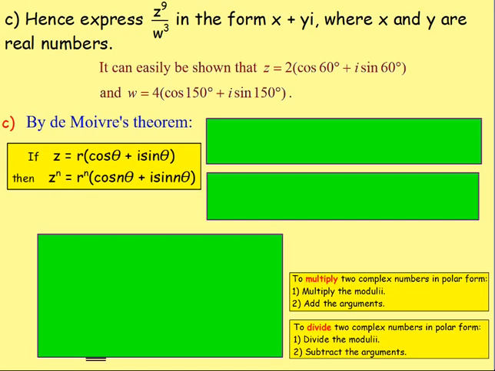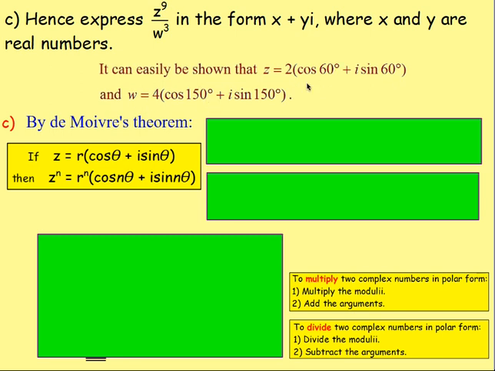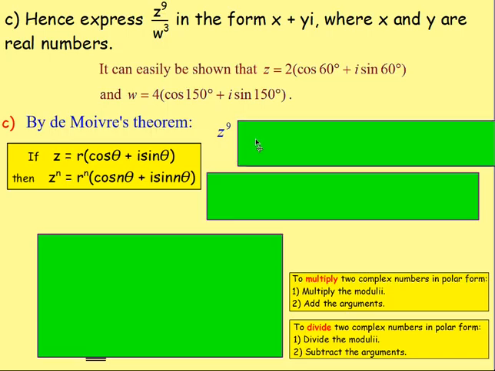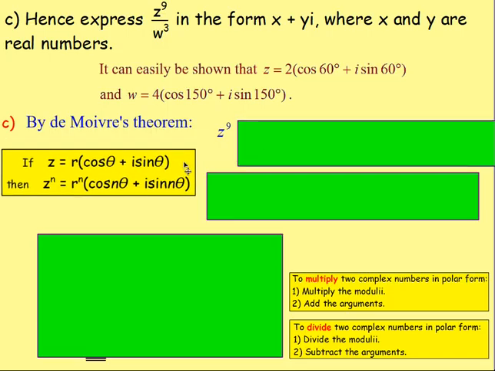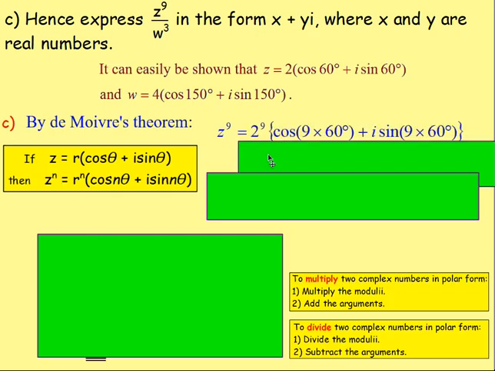Part C, hence express z to the power of 9 over w cubed in the form x plus yi, where once again x and y are real numbers. So, using what we had in part A, we know z and w both in polar form, so we want to work out first of all z to the power of 9. Using de Moivre's theorem, if we have z to the power of 9, we've got the modulus to the power of 9.